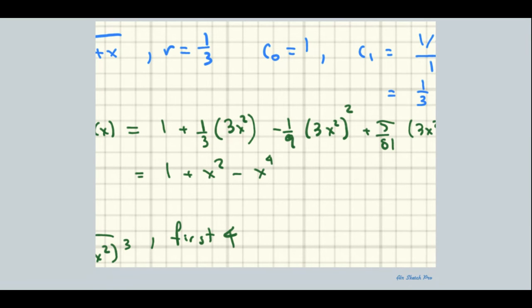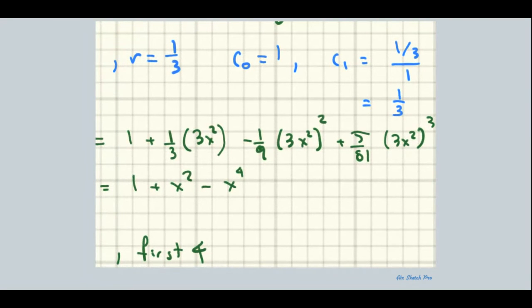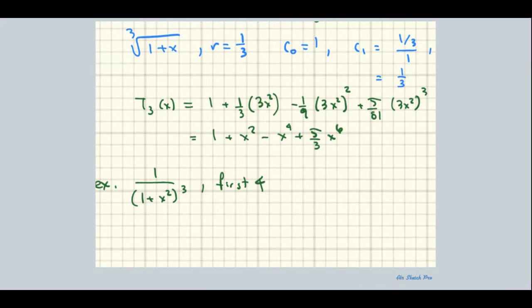Yeah? On the next one, I get 3 of the 3's canceling in 81, and it looks like 5/3 x to the 6th. Okay. Because of the substitution, negative x to the 4th. Yeah, that's right. And then I get 5/3 x to the 6th, right?